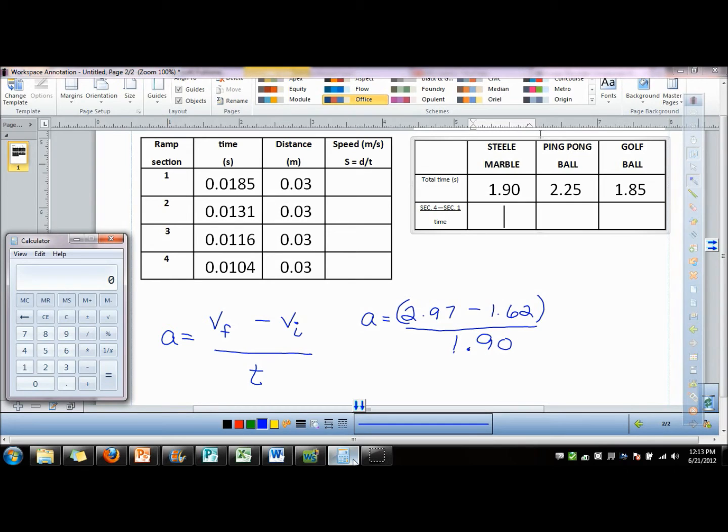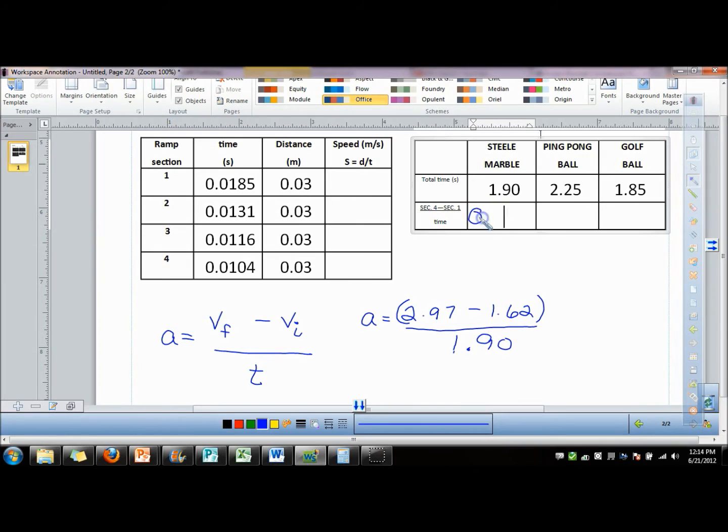Okay, looks like I need to do that again. 2.97 minus 1.62, enter, 1.35 divided by 1.9. And we get our acceleration of 0.7105. So if we look at the third digit, that's a 0. That means we leave the 1 alone. And our acceleration for the marble was 0.71.